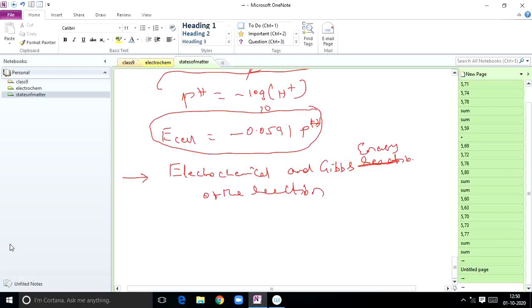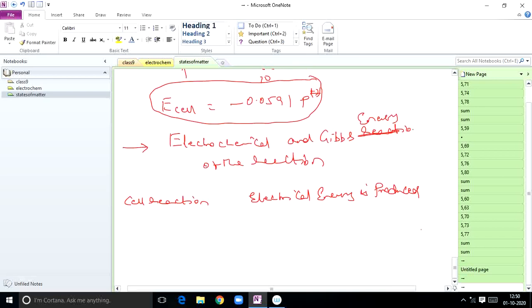So you already know in a cell reaction, so if you take any cell reaction, in that cell reaction electrical energy is produced, right? A chemical energy is converted to electrical energy. So now if electrical energy is produced, apply first law of thermodynamics.